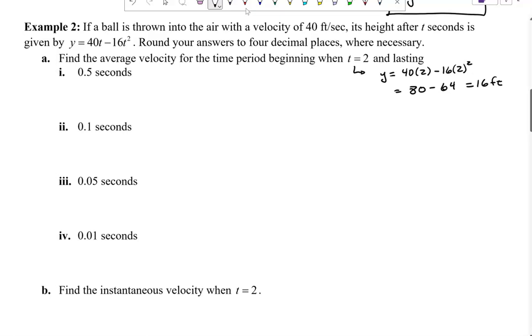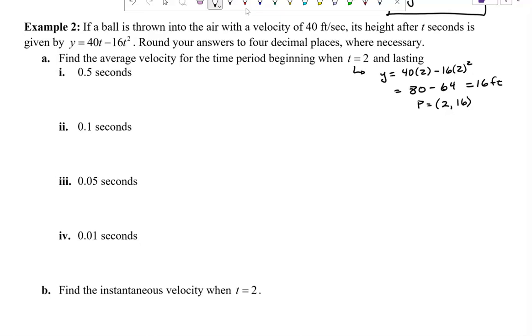So if we think about the problem we had in example 1, we can think of this as point P equaling 2 for our input. Instead of x in the last problem, it's now t for time, and y is our output, the height that the ball is above the ground.